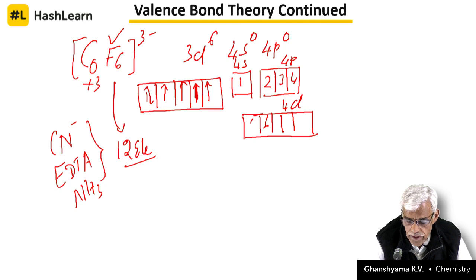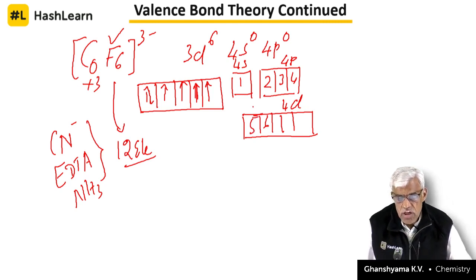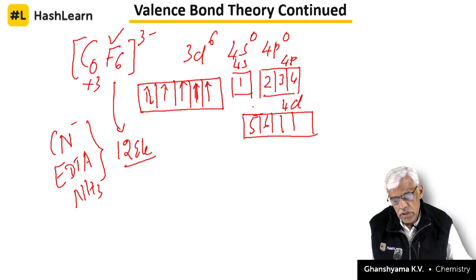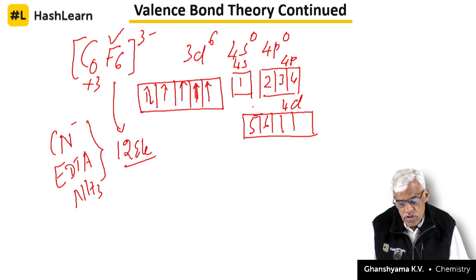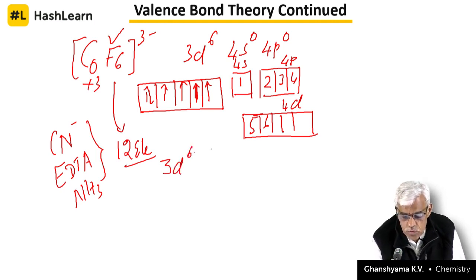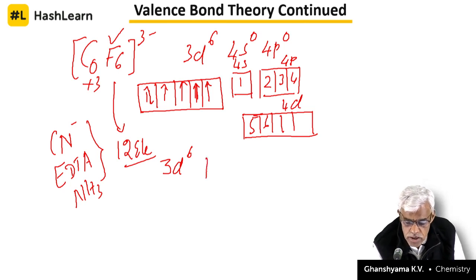So this is 5 and 6. These vacant orbitals hybridize, resulting in the formation of, so 3d6 already there, a new hybridization will take place with 4d.